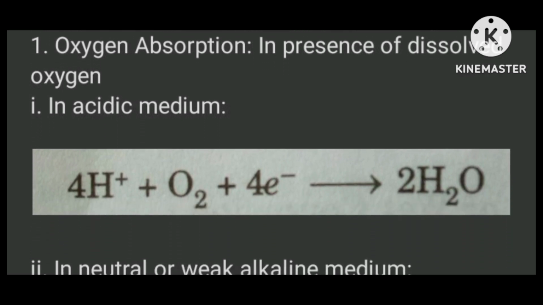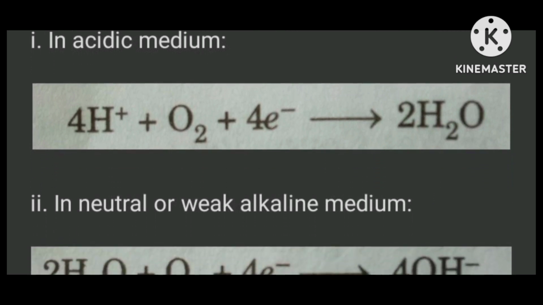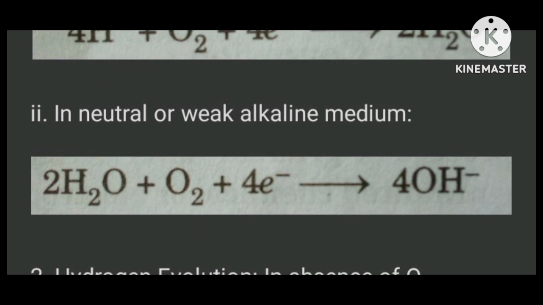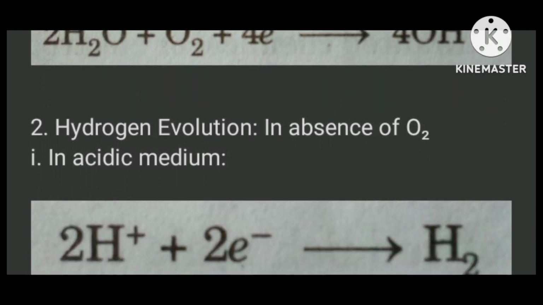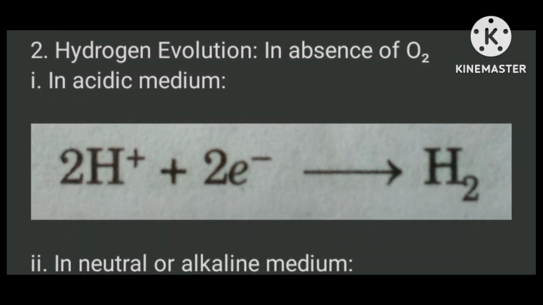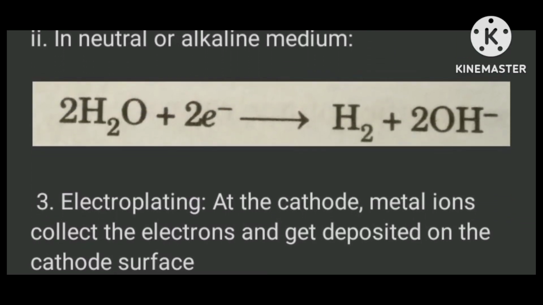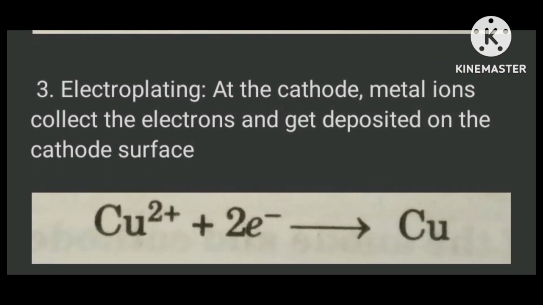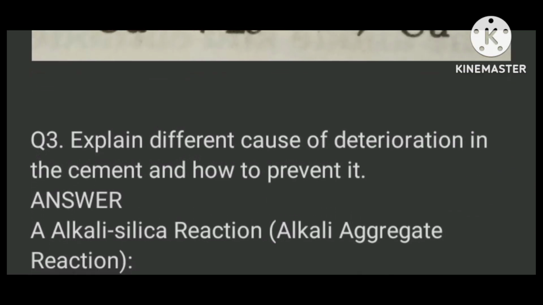Oxygen absorption, in presence of dissolved oxygen: i. in acidic medium, ii. in neutral or weak alkaline medium. 2. Hydrogen evolution, in absence of O2: i. in acidic medium, ii. in neutral or alkaline medium. 3. Electroplating: at the cathode, metal ions collect the electrons and get deposited on the cathode surface.